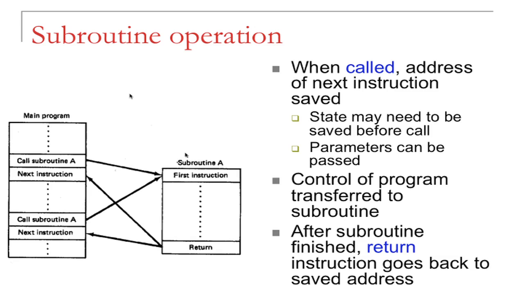So the question is, if subroutine A uses AX, would it always get the original value of AX?